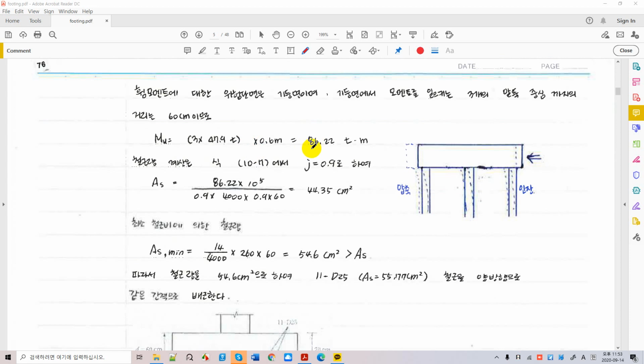So this is the moment that we have to take care of, 86.22, right? And it's easy to design or calculate the reinforcement ratio based on this moment, and we end up with this, and we can use 11 D25, whose area is 55, which is greater than the required, right?